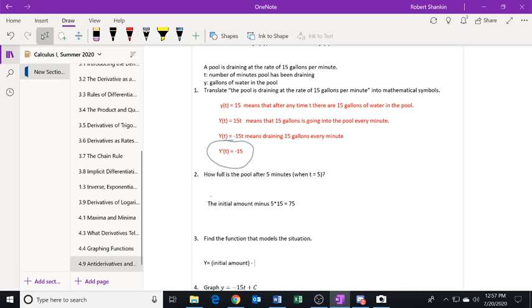Subtract 15t, because we went 1 degree higher than this one.